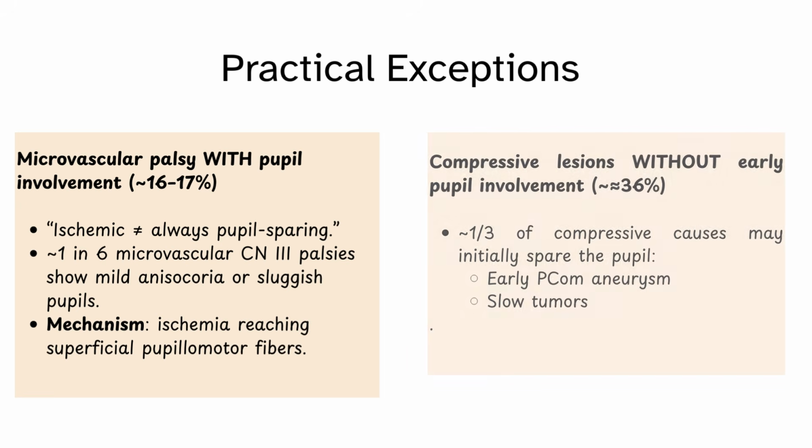On the other hand, compressive lesions may not always show an early pupillary involvement. About 36% of compressive lesions may initially spare the pupil, and this is seen in early posterior communicating artery aneurysms or if the tumor is slow growing.